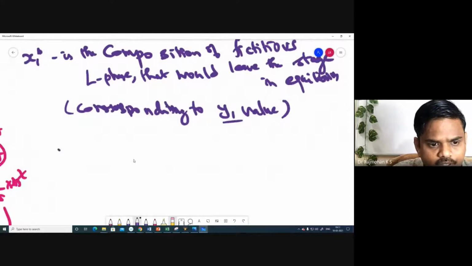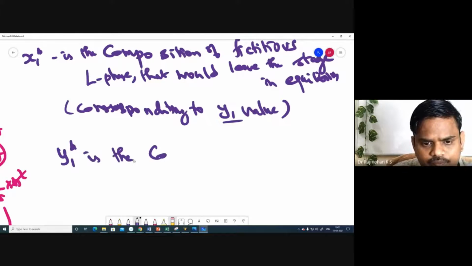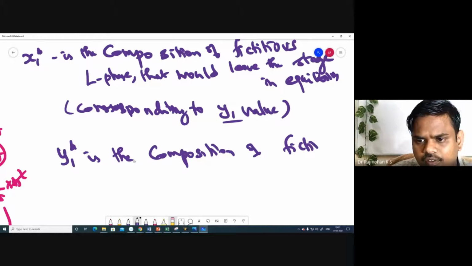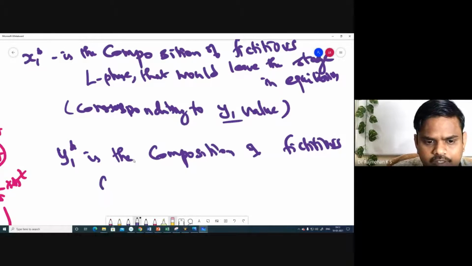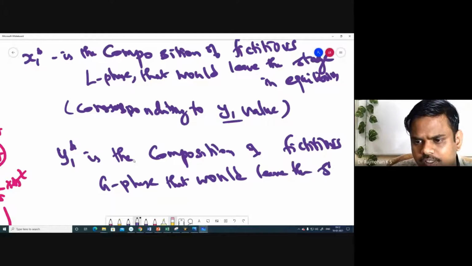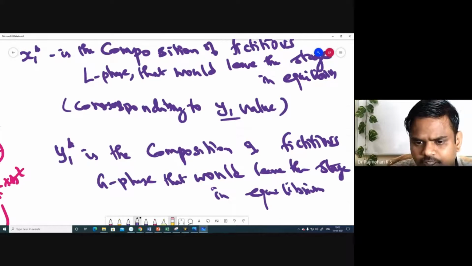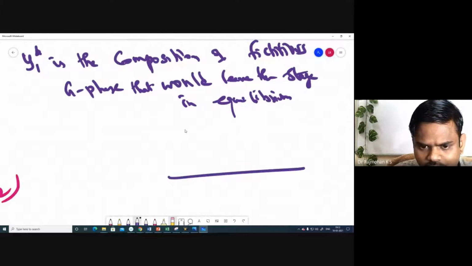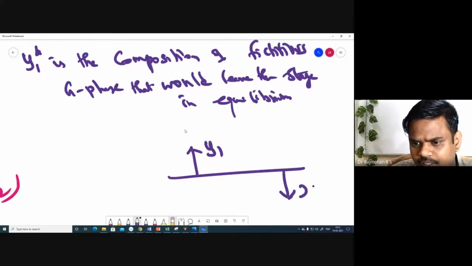Similarly, what is y1 star? It is the composition of fictitious gas phase that would leave the stage in equilibrium. So essentially, if we consider a stage, what is actually leaving is y1 and x1.